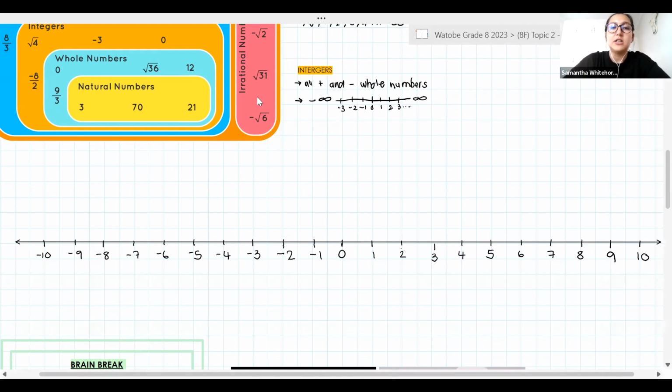It gives us an idea of whether a number is maybe bigger or smaller than another number. It gives us an idea of how big or how small a number is. Like I say, when we start to do operations, it helps us with our operations. And so you'll see very often throughout these first few courses, I'm going to say to you, if you're struggling, draw a number line for yourself.